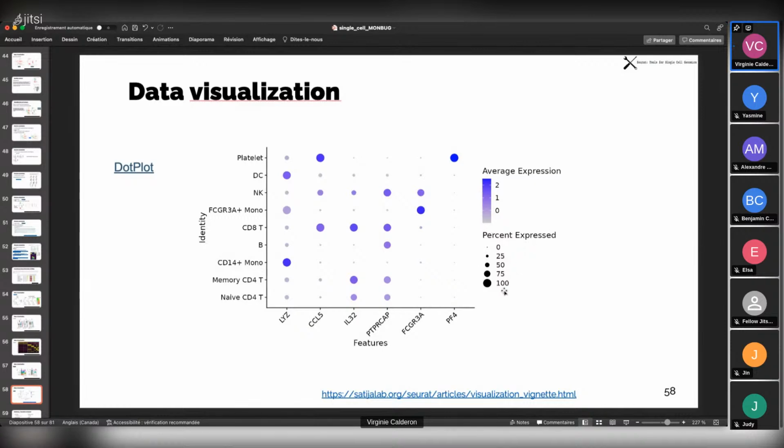So you can look at the percentage of cells that express these genes and also the average level of expression at both times. So maybe this one is interesting, Liz, because it's expressed in most of the cells from these clusters, but maybe this one is not interesting because the circle is small. That means that it's less than 25% of cells expressing this marker. So this can help you to filter your list of markers.